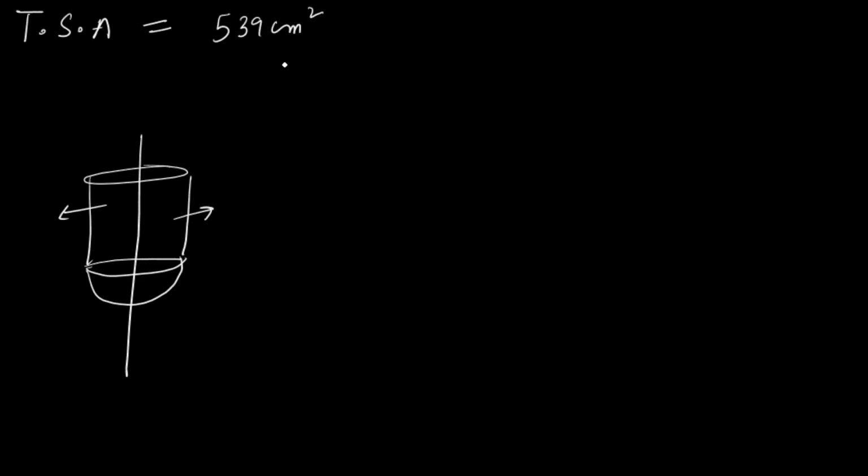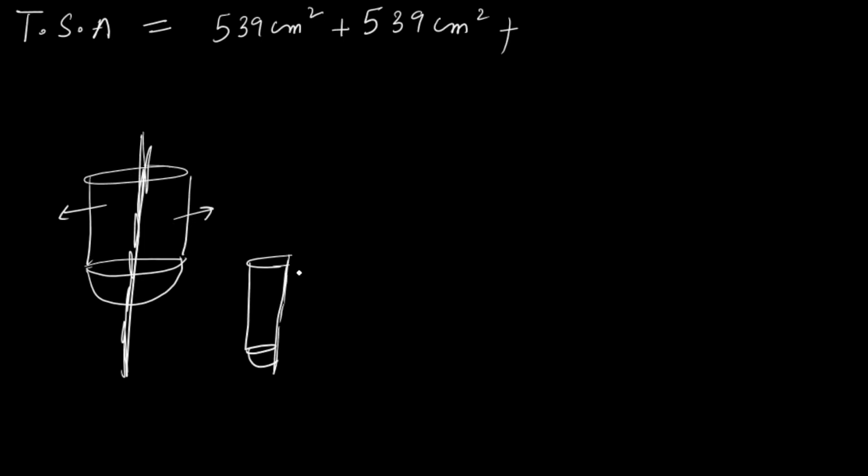The area of this part is also 539 centimeter square. Now here at the center, there are two rectangles for each part. See, each part will be like this. So one rectangle and one semicircle got added for each part.